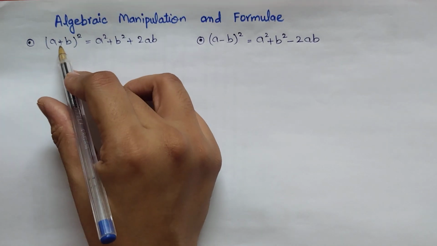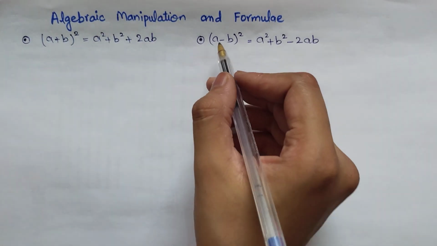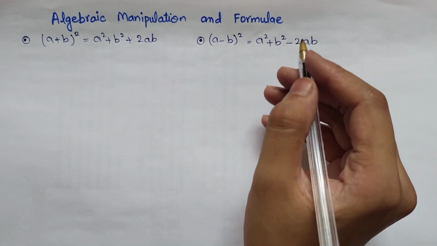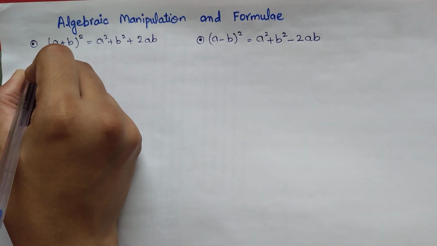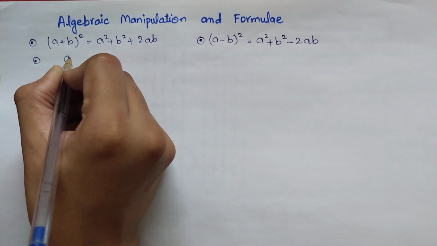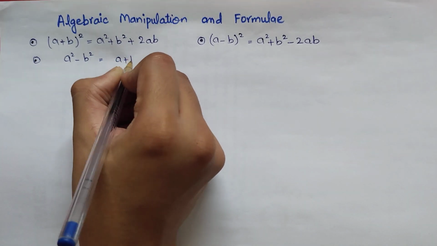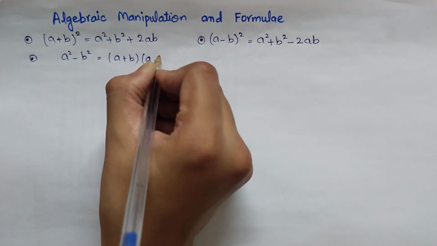In the plus formula it becomes plus 2ab, and in the minus formula when you expand it becomes minus 2ab. And the third formula which you most commonly use is a square minus b square, which is equal to (a + b) into (a − b).